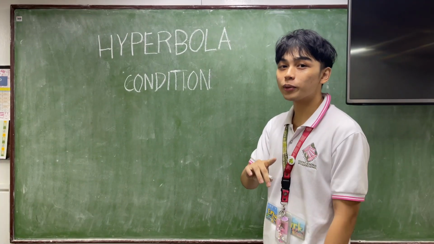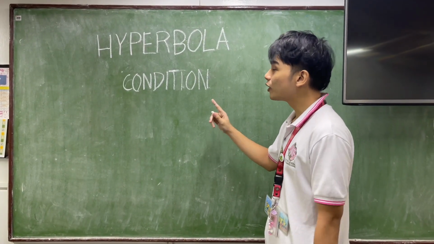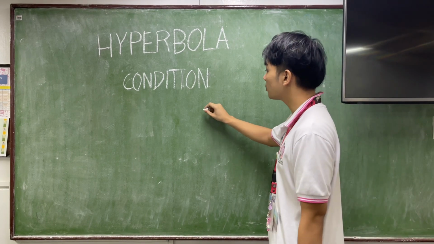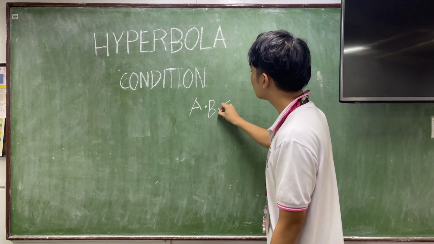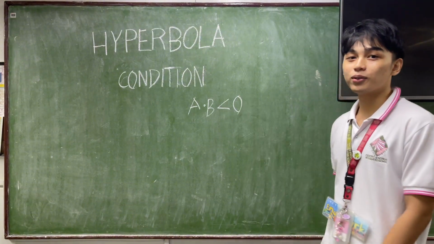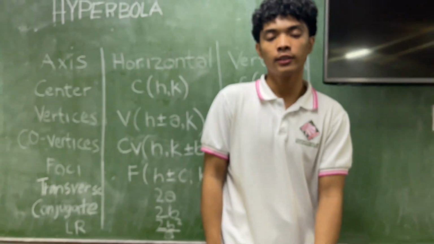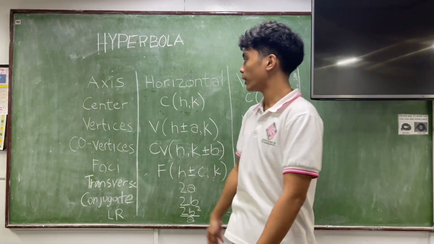For an equation to be considered a hyperbola, first the condition has to be a times b must be less than 0.